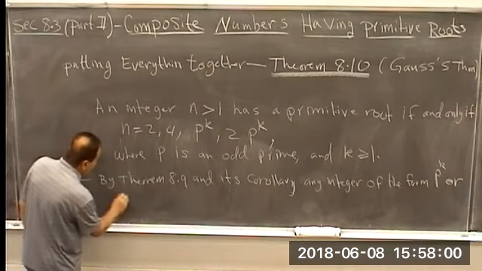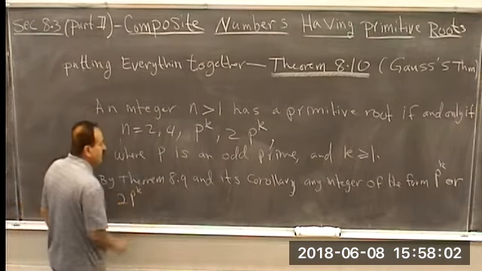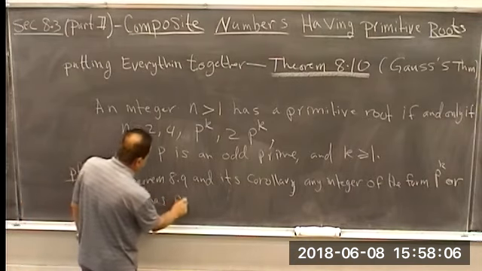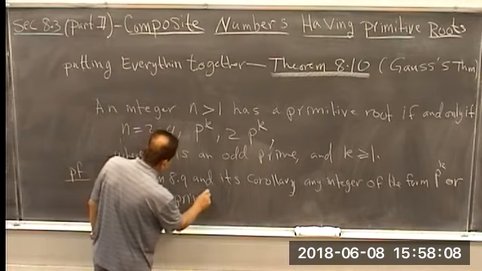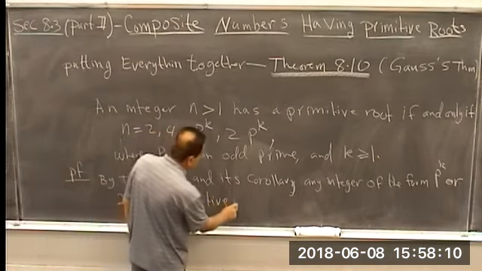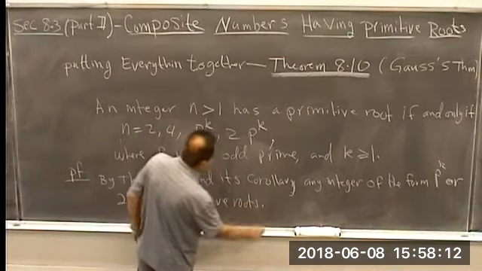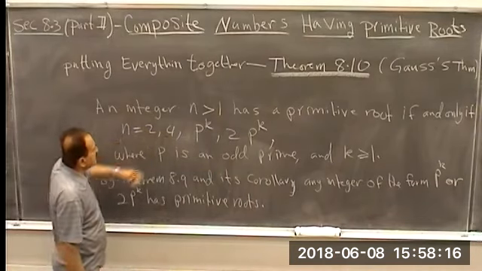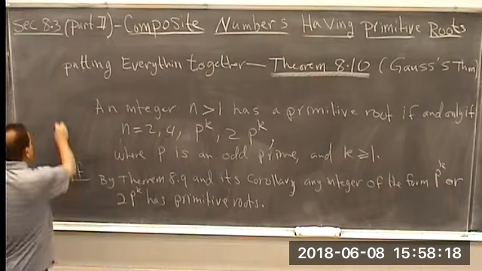So by these they have a primitive root. So we are left from this list with 2 and 4.